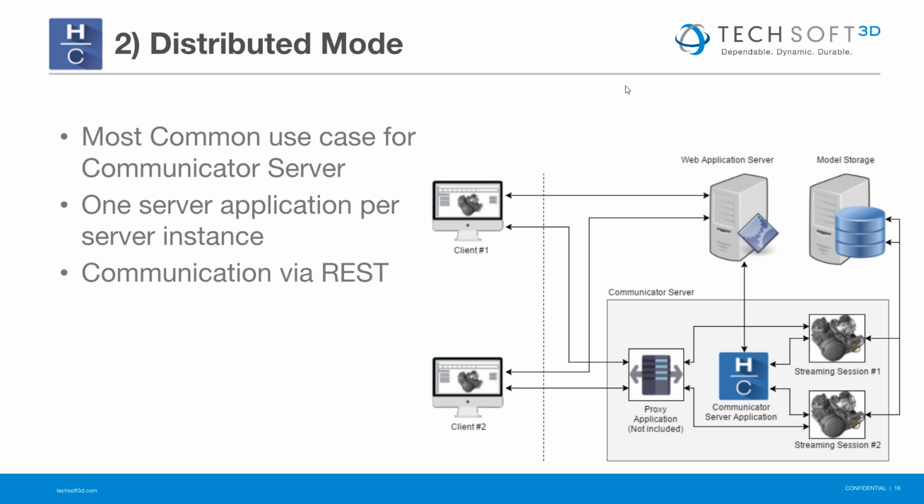It will connect to the web application server. The required model will be pulled out of model storage, and then it will communicate through the proxy to that particular streaming session. Now, the one thing to note here is that the proxy application is not provided by Communicator. This is an external component, and you can use any proxy that you want in order to facilitate this workflow.